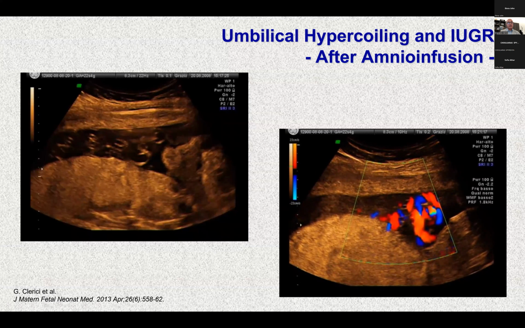And after an amnion infusion that I performed in order to see the fetus, I saw that there was no fetal abnormalities, and I was concentrating on the hemodynamics.